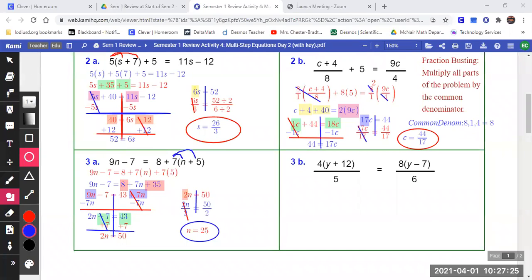Okay, so now we're on our last problem. Yes, we have fractions, but it's 2 fractions all by themselves, no adding and subtracting outside the fraction. 2 fractions all by themselves equal to each other. So we get to do cross multiply, and we learned cross multiply before.